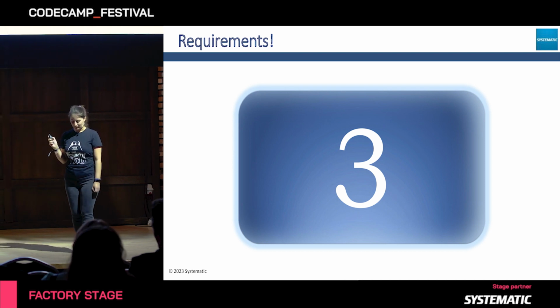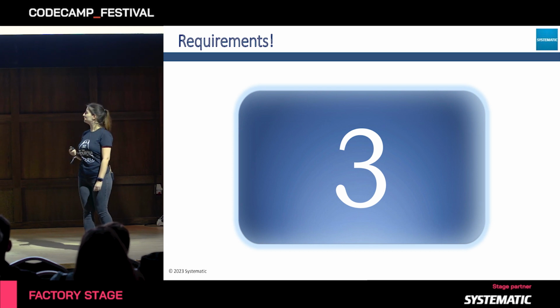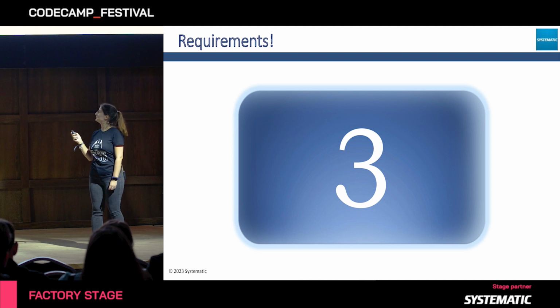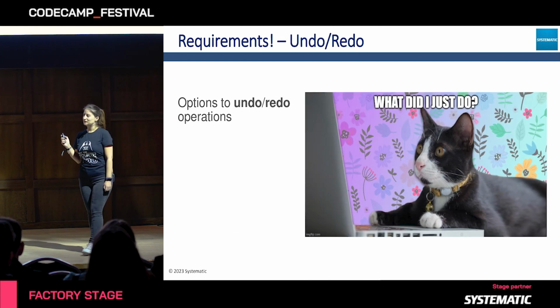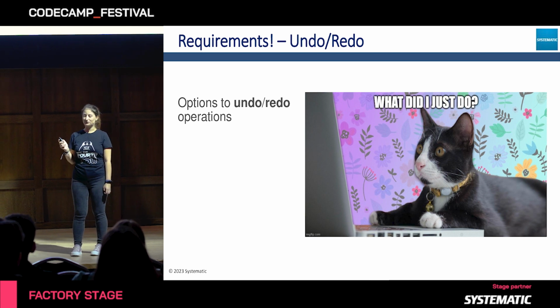The third requirement we had was that we have all these users working together and all these clients, and one of them messes up. So we needed the ability to have undo and redo operations.